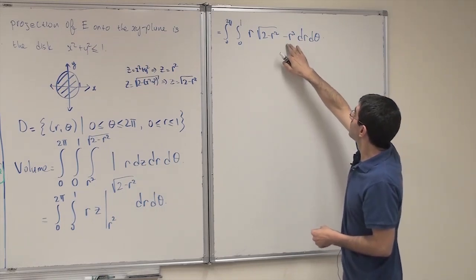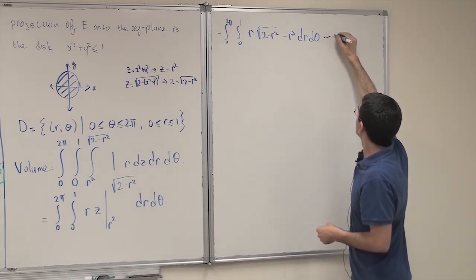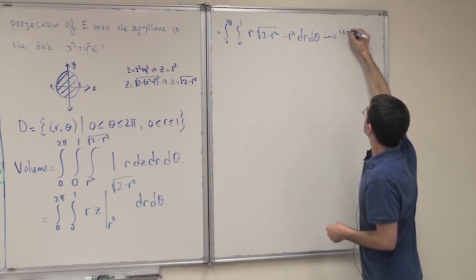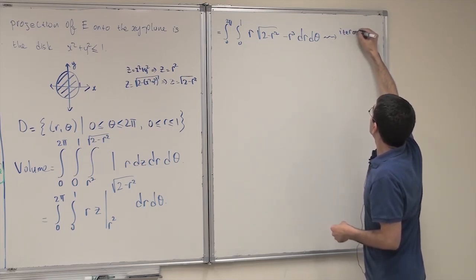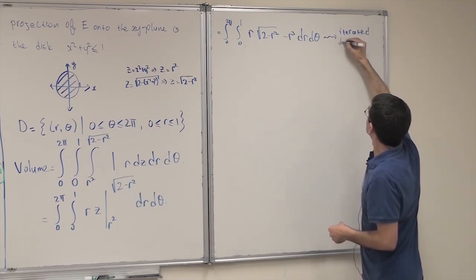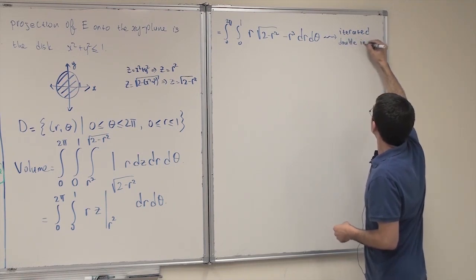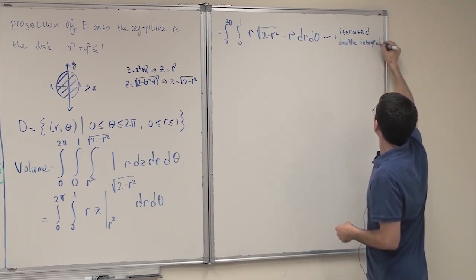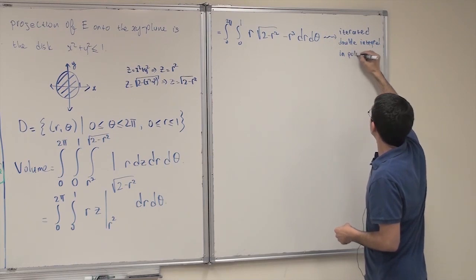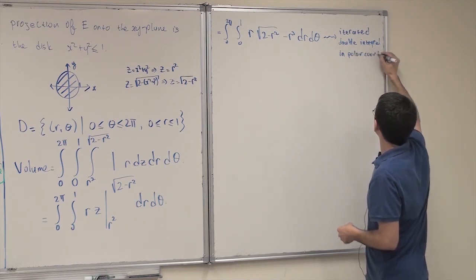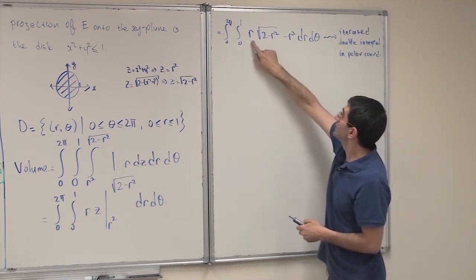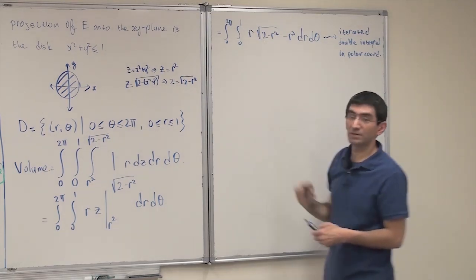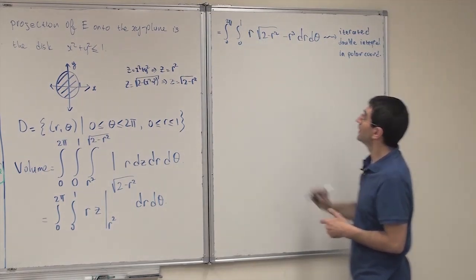Now, what we observe here is that this is an iterated double integral in polar coordinates. It's because the boundaries of r are independent from the variable theta.